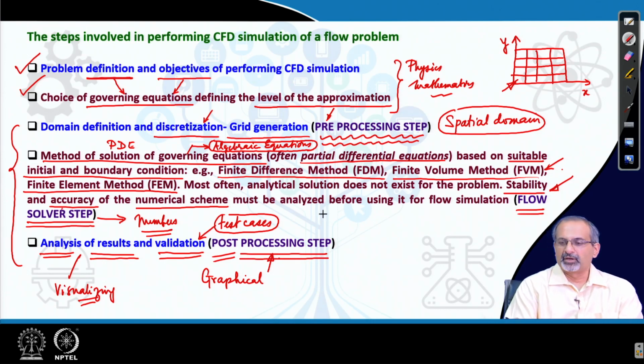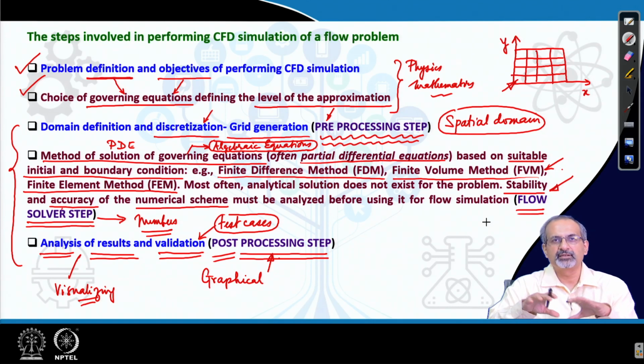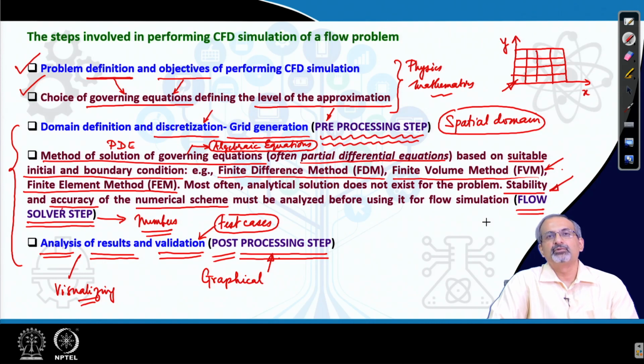So, we are once again recalling that in the core part of the computations, we are talking about a discretization step which is called pre-processing. We have solution of the governing partial differential equations which are often in an algebraic form, and because you are solving it over a large number of small domains, subdomains which have been created through the discretization process, there will be a large number of algebraic equations which you have to solve, and often solve them simultaneously.